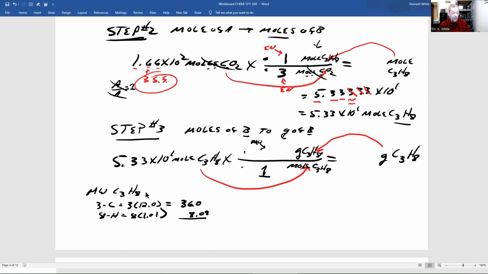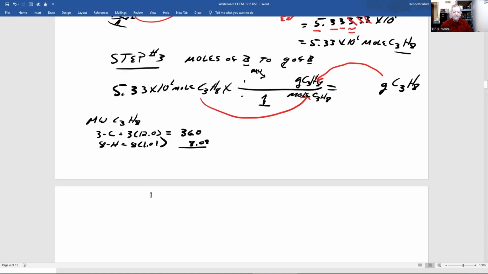Now we add it up. And this is what we get when we add these two numbers up. Now, when you do an addition, you get the same number of significant figures to the right of the decimal as the number you're adding that has the fewest significant figures to the right of the decimal.